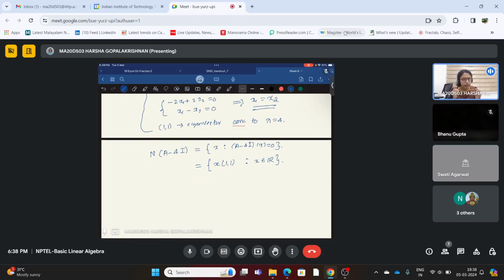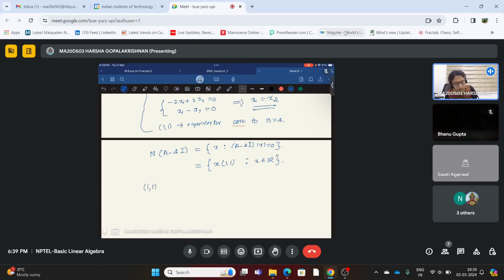So the thing is, a non-zero element belonging to the null space of A minus 4I is equivalent to saying that it is an eigenvector corresponding to 4. Here we got (1, 1) is an eigenvector corresponding to lambda equal to 4.